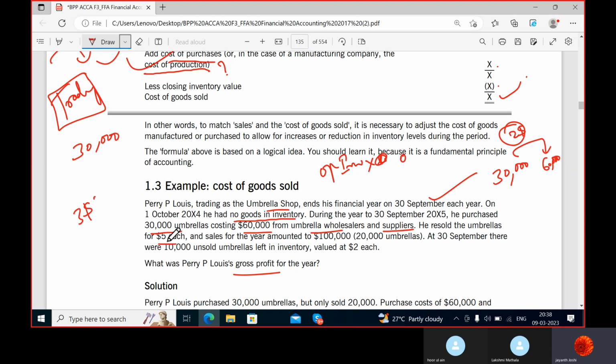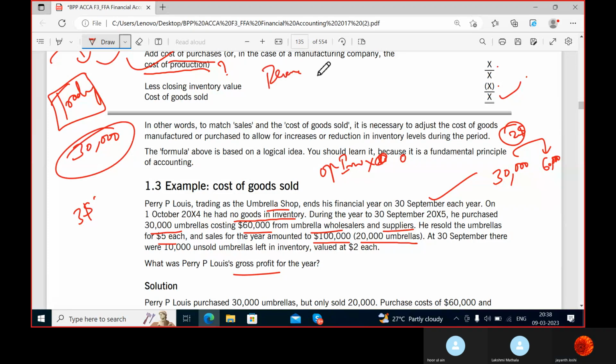The sales for the year amounted to $100,000. I shall find out the revenue for 20,000 umbrellas, because that much has been sold. So should I take cost for 20,000 umbrellas or 30,000 umbrellas? Definitely 20,000 umbrellas.